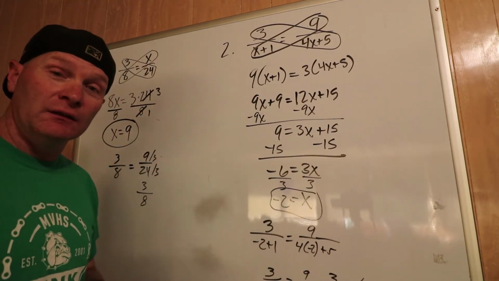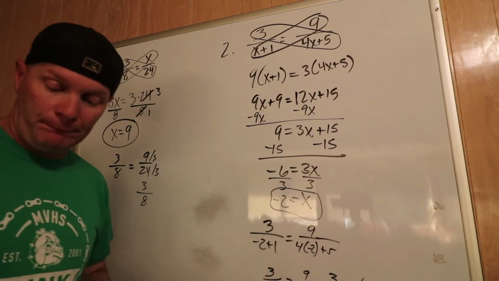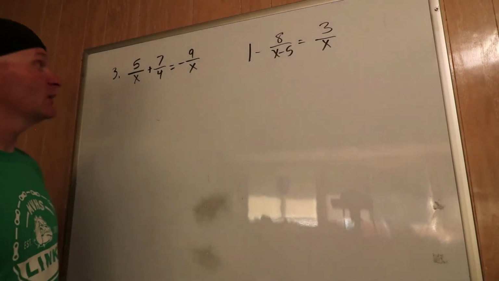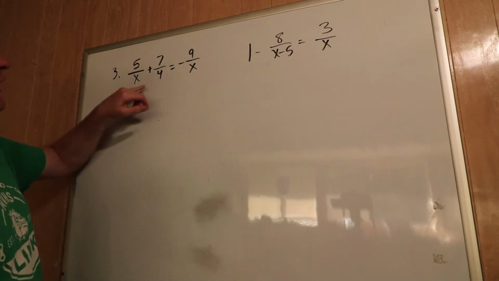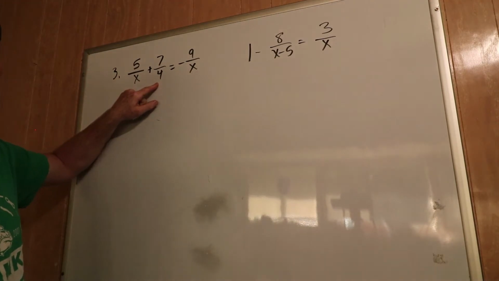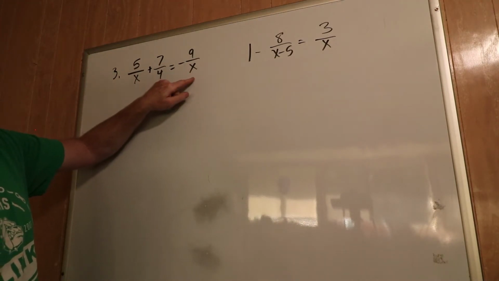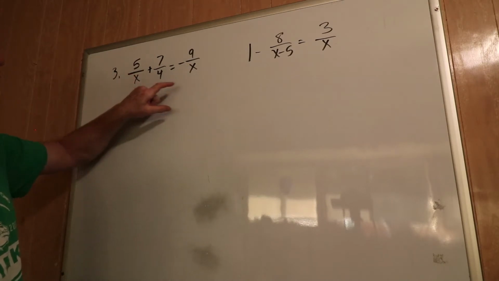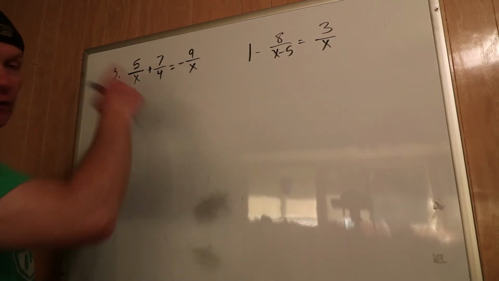Let's look at another way to solve some. Alright, this first one I'm going to show you two different ways to do it actually. One is, notice we have x on the bottom of a couple of these and 4 on the bottom of the other one. So I'm going to move everything that has an x in the denominator on one side and everything with the 4 in the denominator on the other side, and then we can cross multiply.